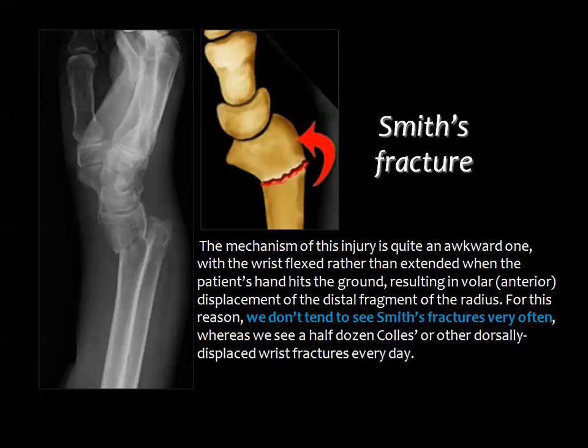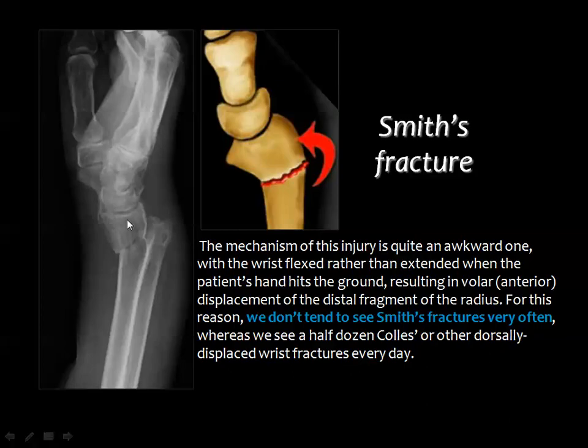And Smith's fracture is similar to Colles fracture, especially at the site of the fracture, which involves the distal radius, but the displacement is opposite to that seen in Colles fracture.